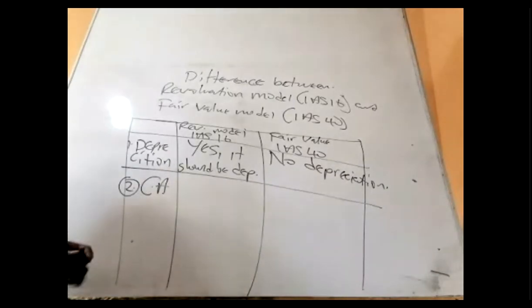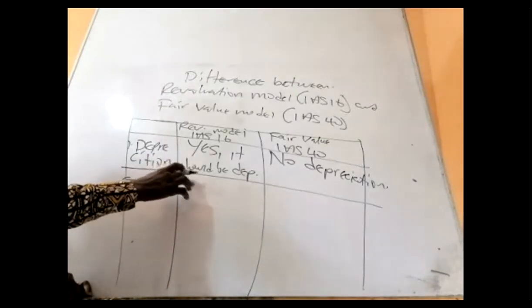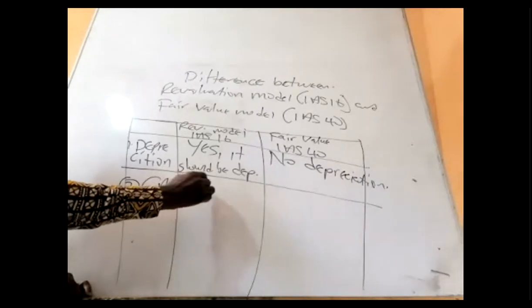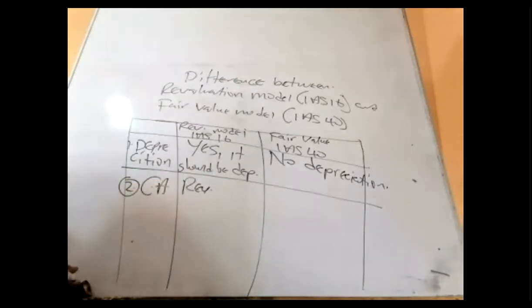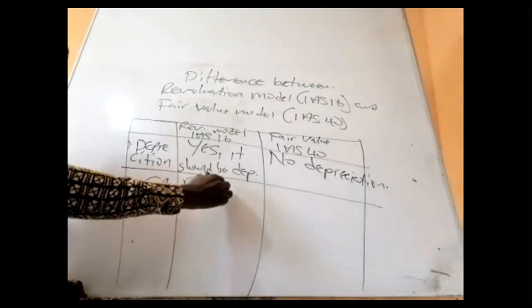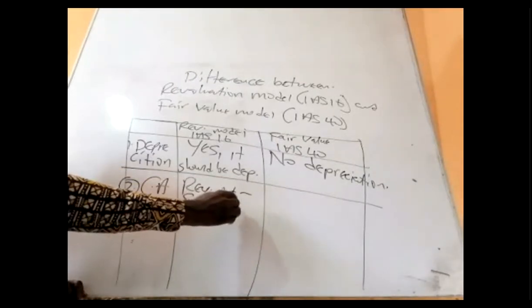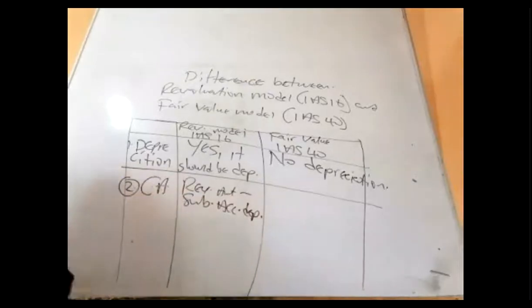Under the revaluation model, the carrying amount is equal to the revalued amount less subsequent accumulated depreciation and subsequent accumulated impairment loss.